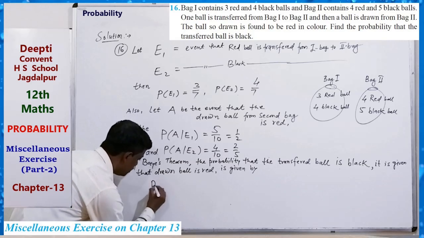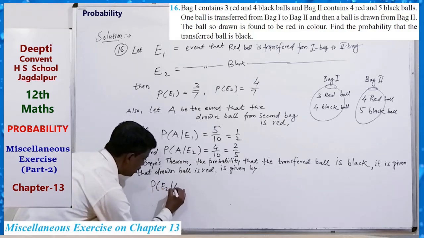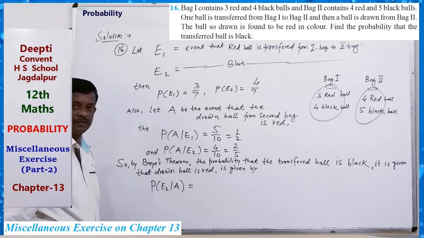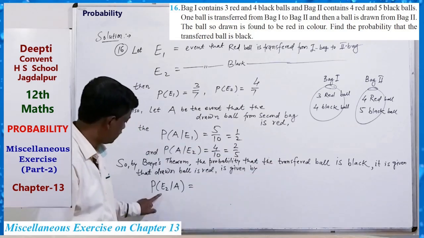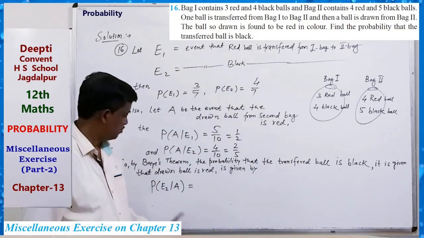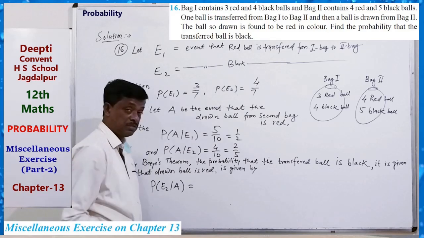So P(E2 by A): the transferred ball is black, E2 by A, by Bayes theorem.